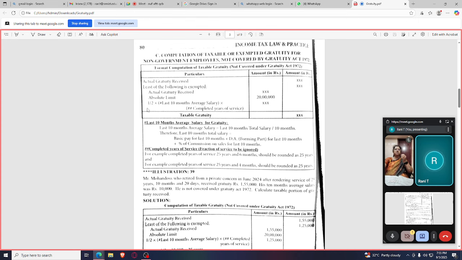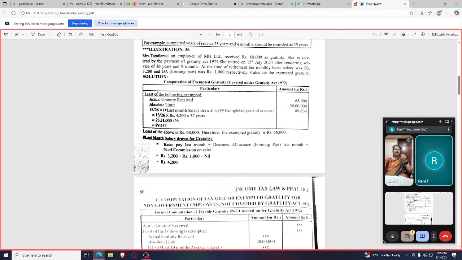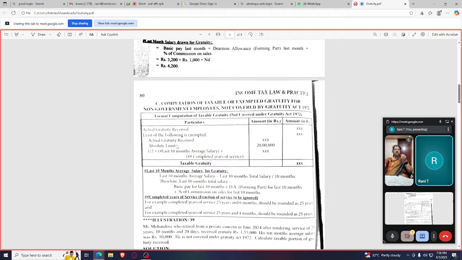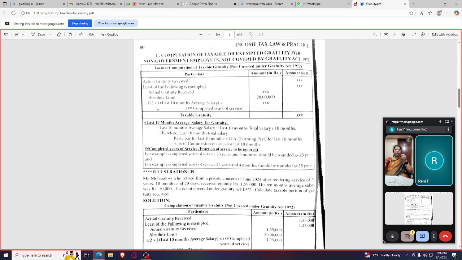First and foremost, it is 1 by 2, wherein in the above case you have to take 15 by 26, and here you have to take only 1 by 2, and last 10 months average salary. Here a point to be noted is you have to consider only the average salary into completed years of service. When you are taking completed years of service in case of not covered by the Gratuity Act, fraction of service is to be ignored.